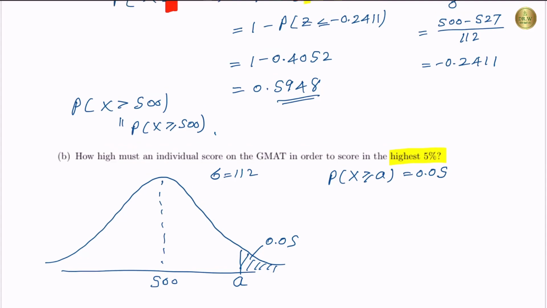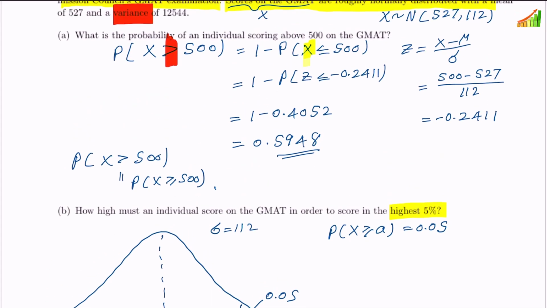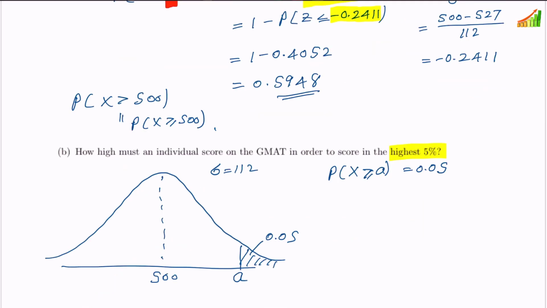Now compare with the first one. First one, x less than or equal 500. That means we were looking for a probability because we knew the value in the parentheses. But here we know the probability, 0.05, and we are looking for the number in the parentheses, which is A. Again we have x greater than or equal A. We cannot use the table keeping greater than or equal.